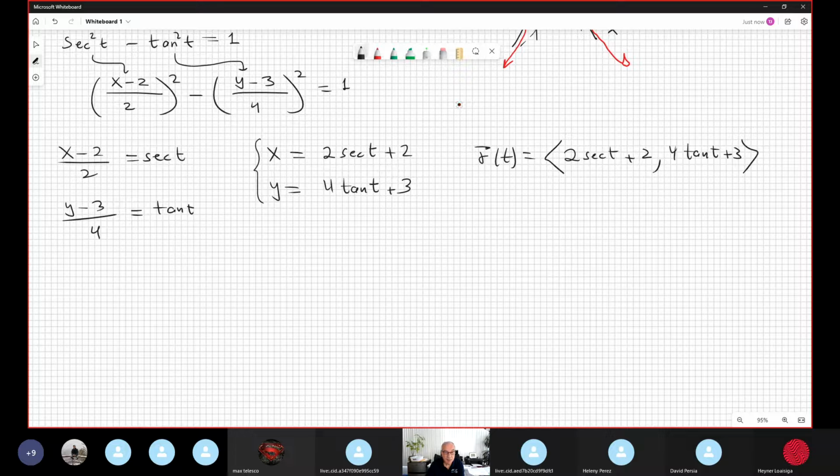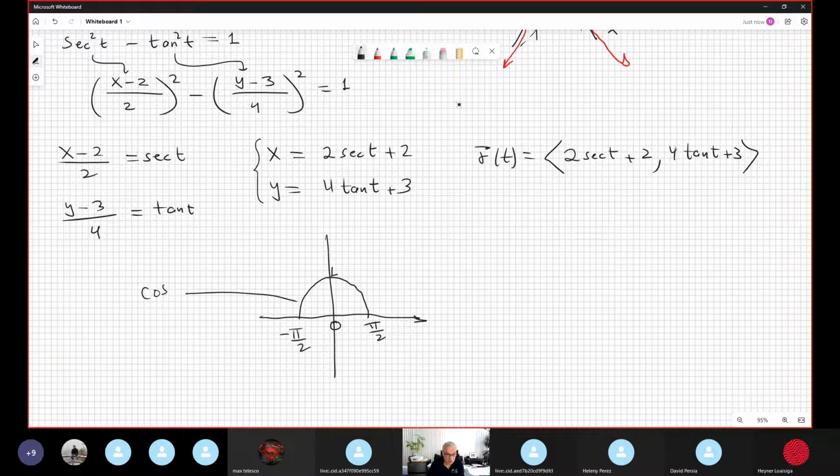I remember very well that, for example, the cosine function looks like that. This is 0, this is 1, this is pi over 2, this is negative pi over 2. This is cosine. The reciprocal of cosine x is secant, 1 over cosine.